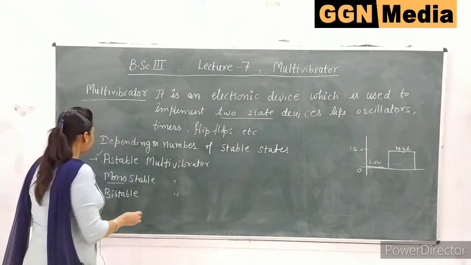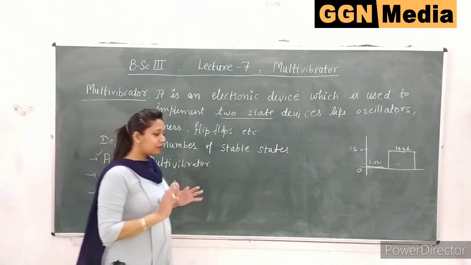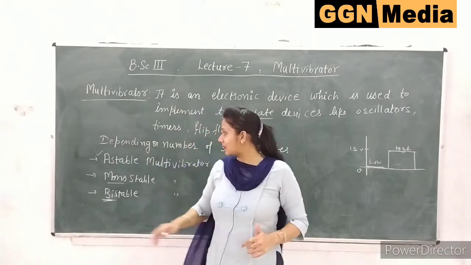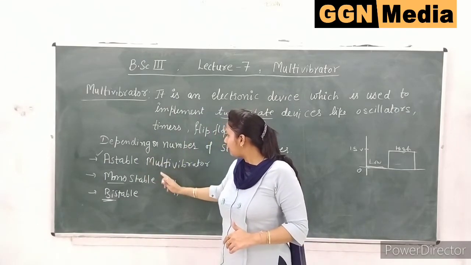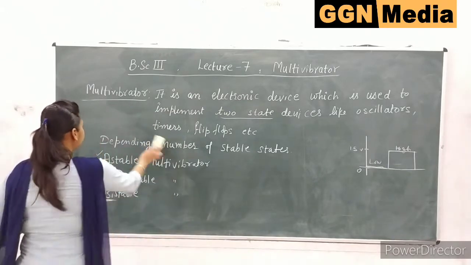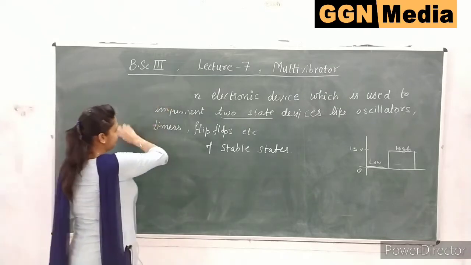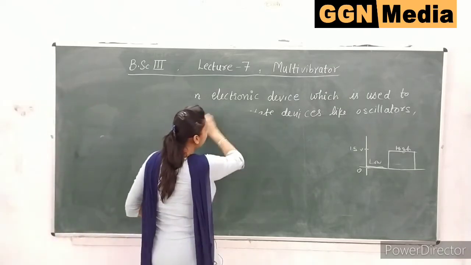And the third, bi means two, so the output will remain stable in both of the states. We will discuss the differentiation in detail and what is the use of these different kinds of multivibrator. So it is a very important question.